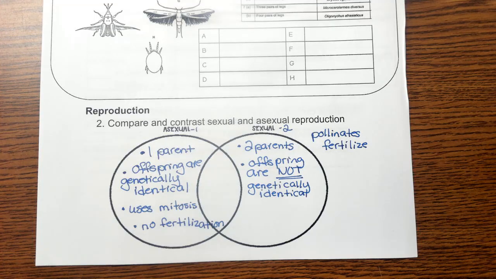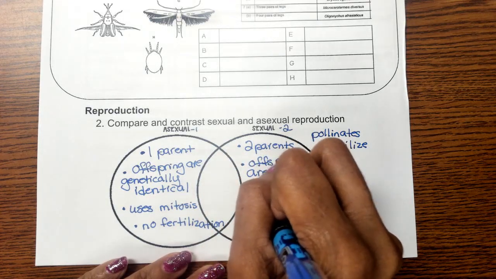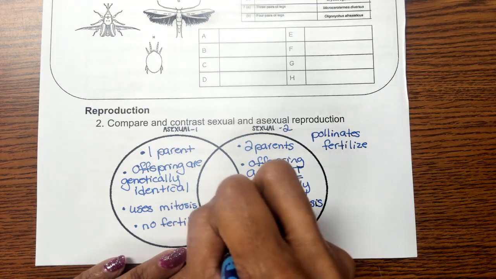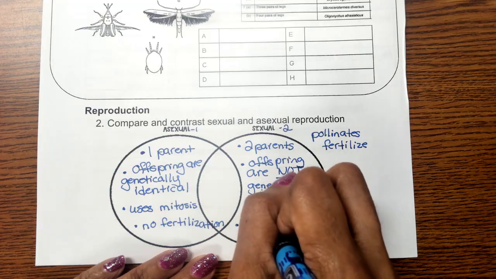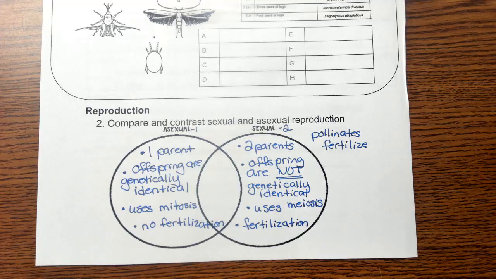So she wasn't identical to her mom, but she had a lot of her mom's traits. Offspring are not identical. They look different, but they have traits from both parents. It uses meiosis, and there is fertilization. So when you see the word fertilization or pollination, those are keys that it is sexual reproduction.